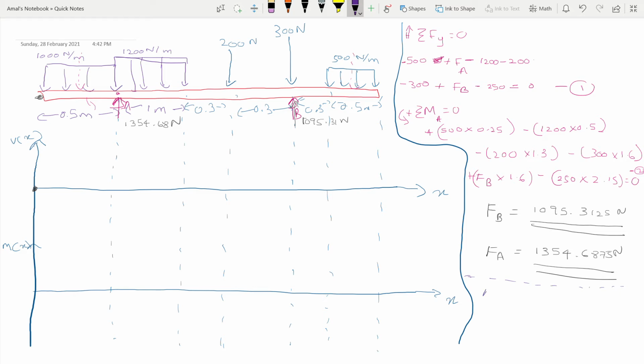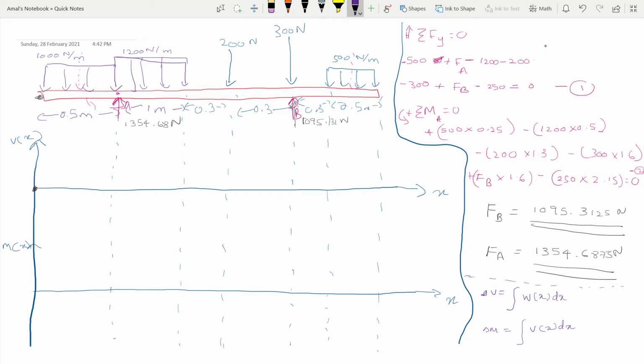Change in shear force is the integration of the load, and in the same way, change in moment is the integration of the shear force. This is the basic principle that we need to know in order to draw shear and bending moment diagrams.